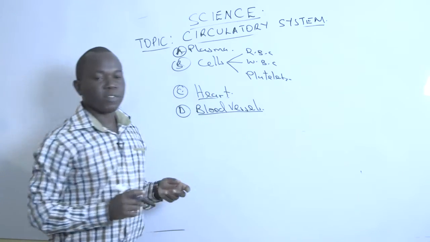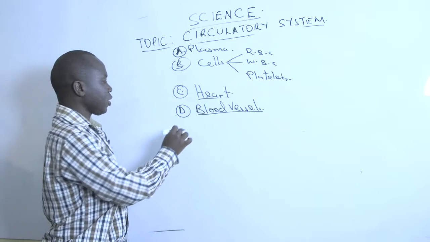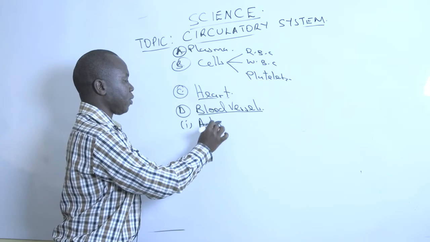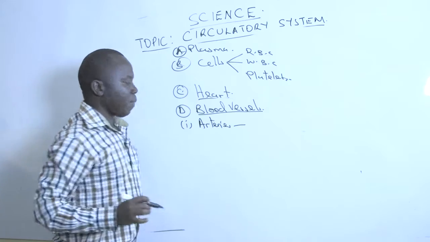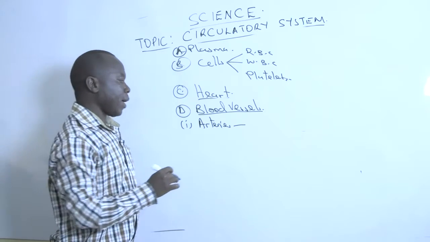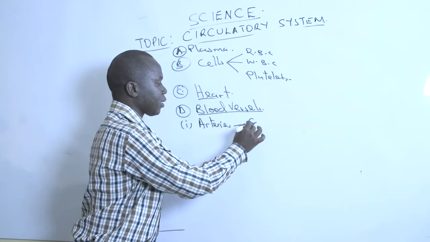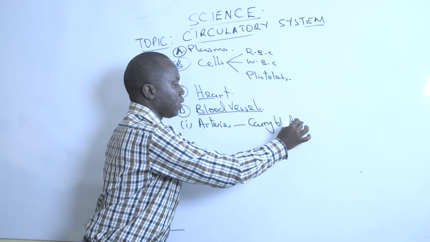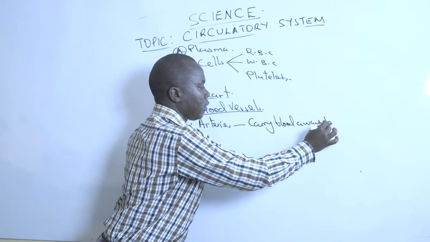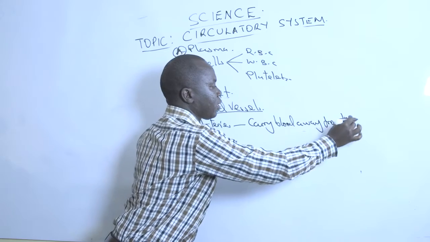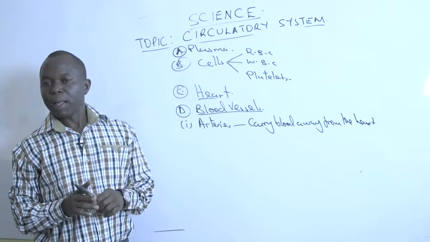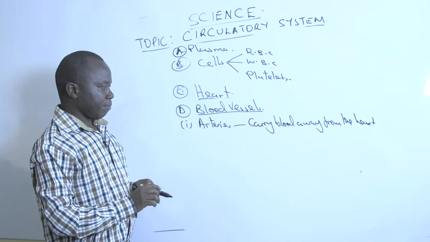We have three types of blood vessels in the circulatory system. One, arteries. Arteries carry blood away from the heart. We are going to see this on our chart.